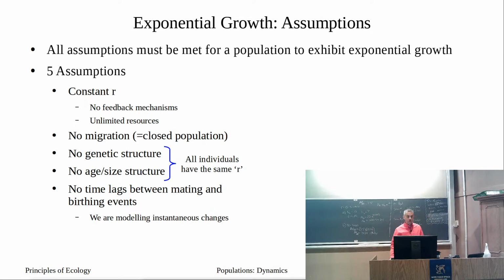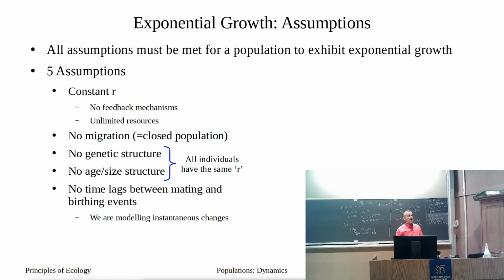Assumption number 1 is that we have a constant R, a constant intrinsic rate of growth, a constant instantaneous rate of increase. R can't change. It has to be fixed. Now you could say, okay, R is always going to be the same, we calculate it at 0.2 or 0.3. But R can change based on the surrounding conditions.